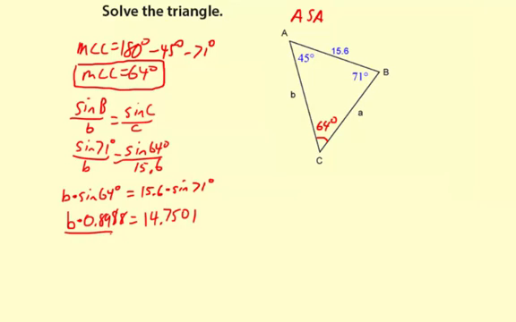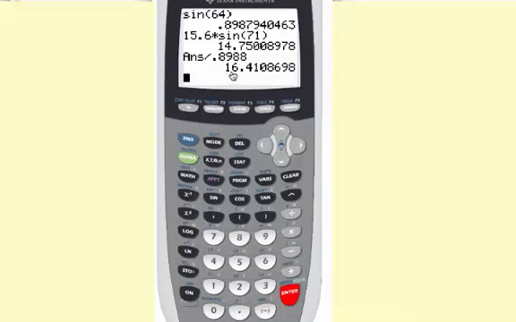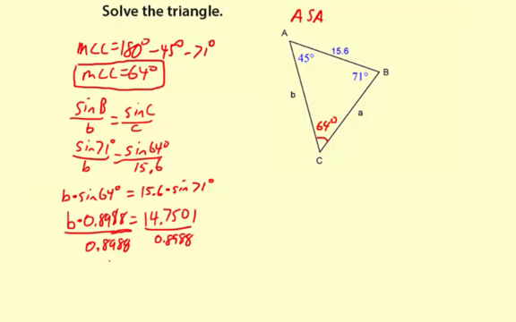Now divide both sides by 0.8988 to solve for side length B. That's 16.41 and so on. We'll just call it 16.4. So there's another unknown side.